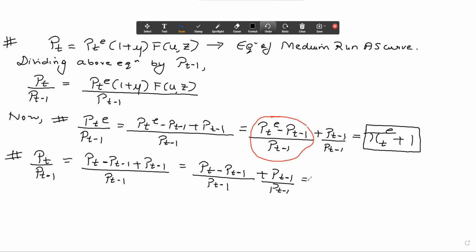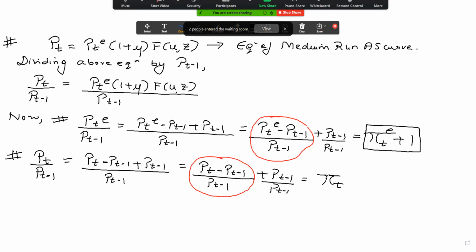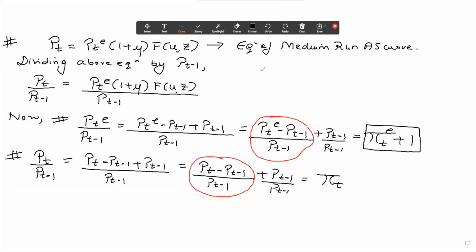Now guys, what is this term? This term is nothing but pi t, actual inflation in time period t. Pt minus Pt minus 1 upon Pt minus 1 is pi t, actual inflation in time period t, plus Pt minus 1 upon Pt minus 1 is 1.